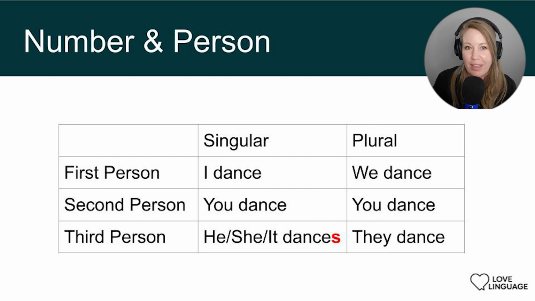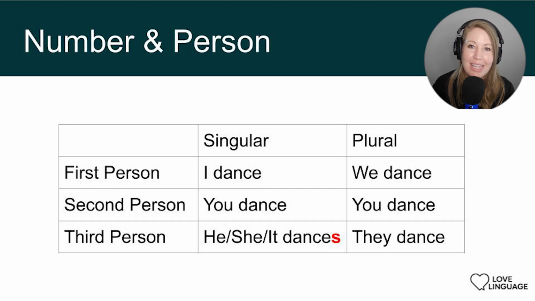Now, number, on the other hand, tells us whether we're talking about one or more things. So singular or plural. And in English, verbs only visibly mark number and person in the third person singular present tense. So if you look at the example, the only version of the main verb dance that changes is the one associated with third person singular.